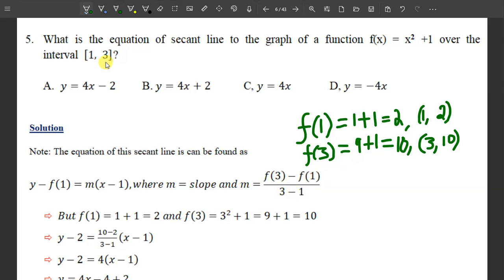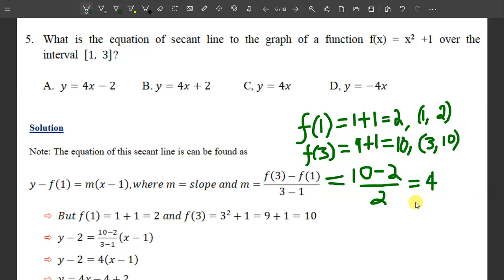Our x runs from 1 up to 3, and the value of change in y over change in x gives us the slope. And here, since our f of 3 is equal to 10, 10 minus 2 over 3 minus 1 means it is 2. And then 10 minus 2 is 8. 8 divided by 2 is exactly 4. That is the slope. The slope is 4.